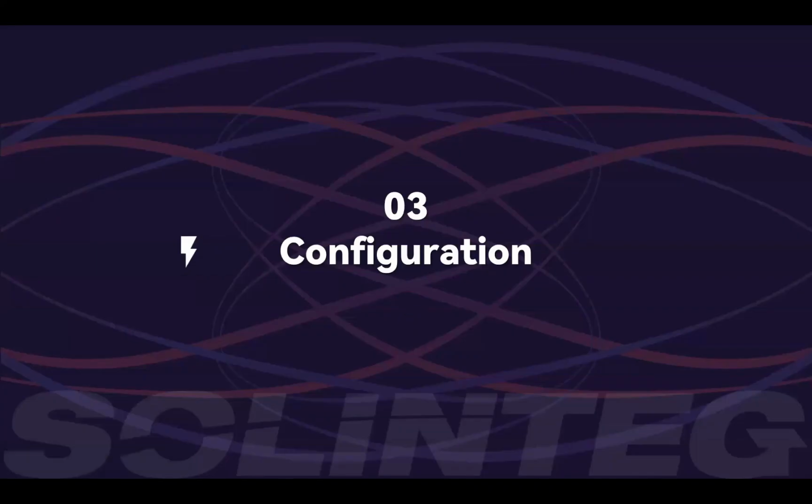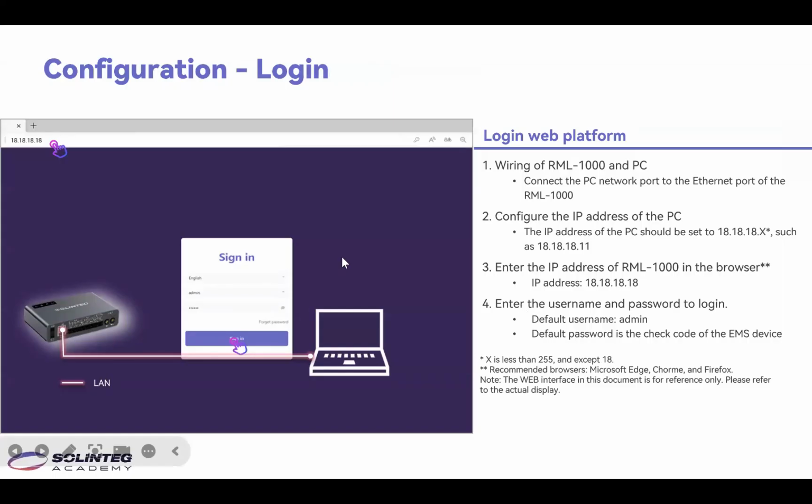Okay, the next part is about the configuration. The data logger needs local work for the initial configuration. The first step is to connect the data logger and the PC by the LAN port and the internet port. Then you need to configure the IP address of the PC.